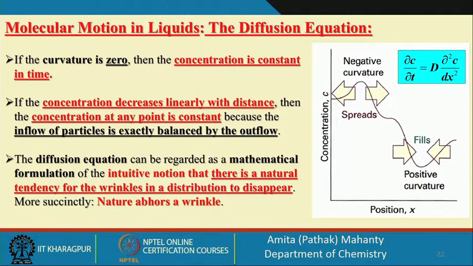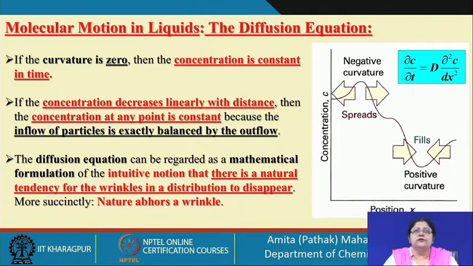If you keep increasing the distance and the concentration linearly decreases, then the concentration at any point is constant, because an inflow of particles is exactly balanced by the outflow. So, the diffusion equation can be regarded as a mathematical formulation of the intuitive notion that nature tends to make wrinkles in a distribution disappear.